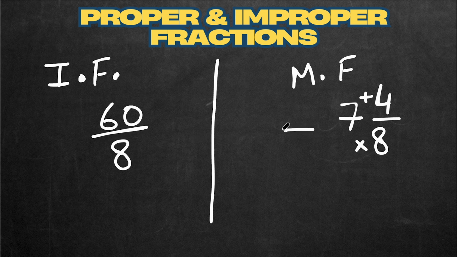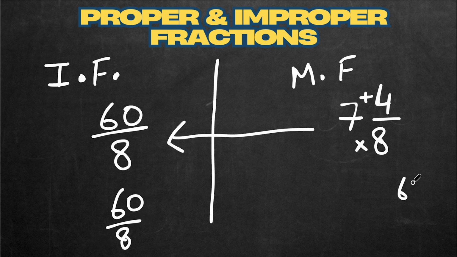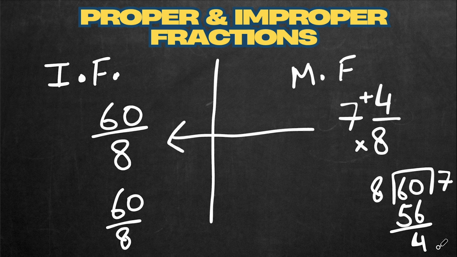So this is what it converts to, right? Let's try the other way together with it. So let's say if it would have been 60 over 8. So let's divide 60 by 8, right? So 8, how close can I reach 60? I can reach 7. 7 8s are 56, right? So 56, what is left? 4, okay?